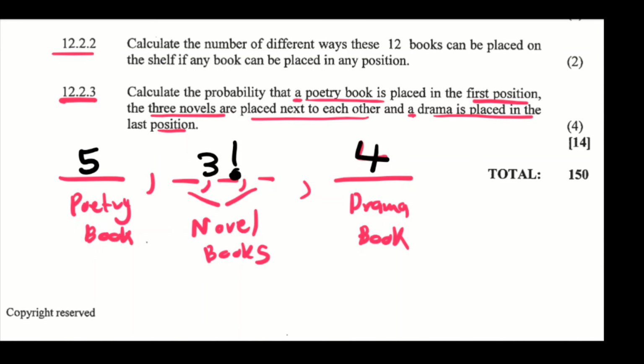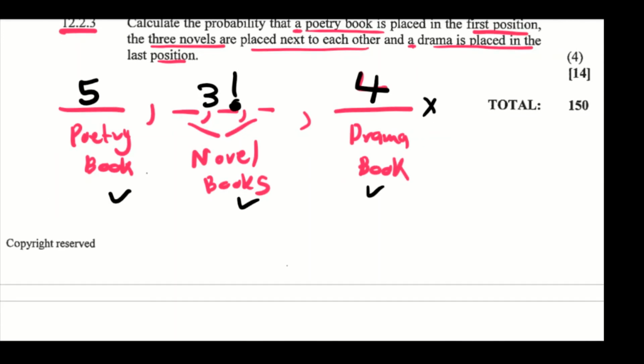But remember, we want the probability of this placement, right? Yes, we are done with this section. But now, what's missing is the order, right? The placement, right? Making sure that each book is placed in its position, right?